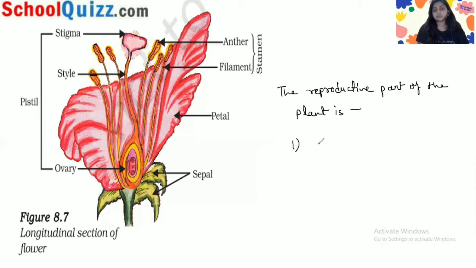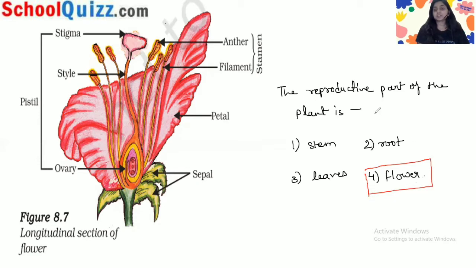Firstly, stem. Second, root. Third, leaves. And fourth, flower. So mark the right one. Yes, the answer is flower.